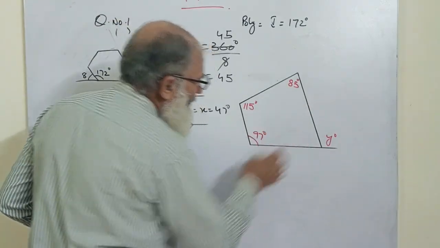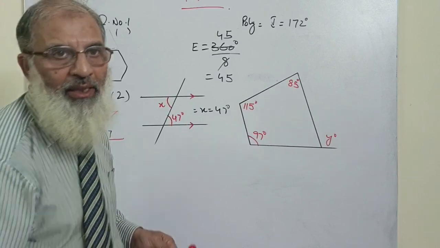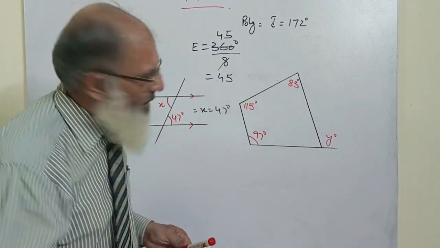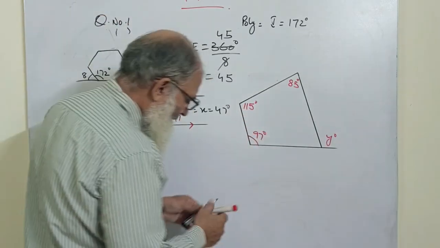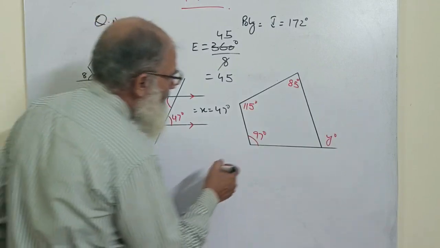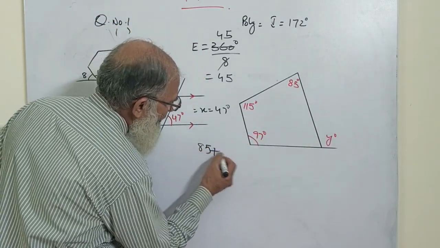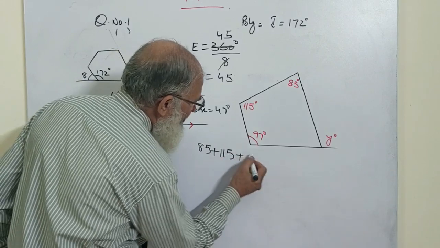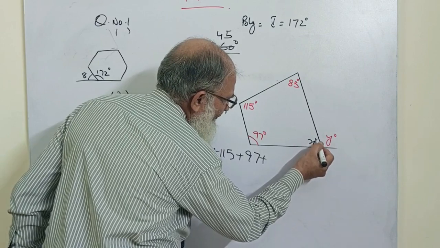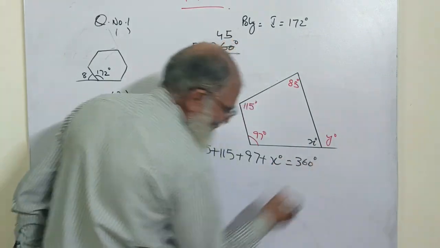And how will we find this angle? We'll add all these angles, and the sum of the interior angles of a quadrilateral, maybe it is a regular quadrilateral or a random quadrilateral, is equal to 360 degrees. So it will become 85 plus 115 plus 97 plus, let me write this angle as x degrees, is equal to 360 degrees.